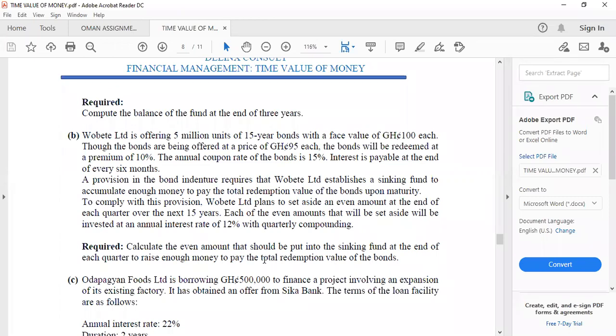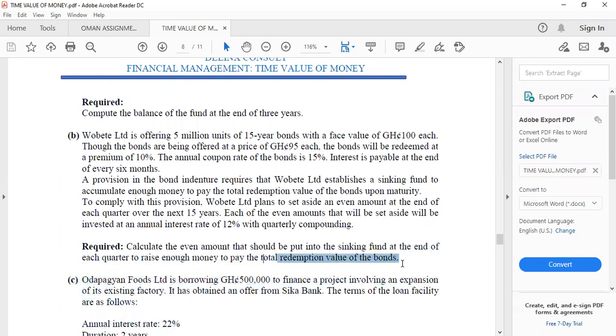The total redemption value of the bond is how much? It's 550 million, isn't it? Okay. So what are we doing?